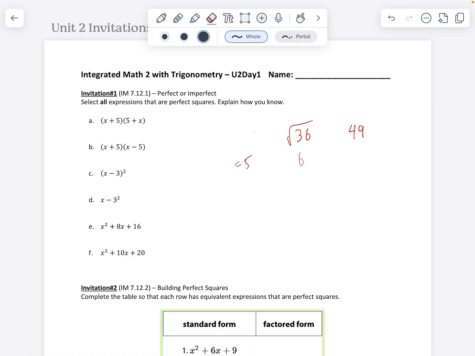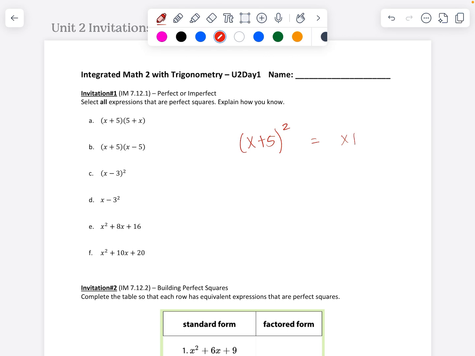All right, and so when it comes to perfect squares with a variable, perfect squares with a variable are things like this. This is a perfect square because you can square root it. If you square root it, it becomes x plus 5. Right? So anything like that is a perfect square.